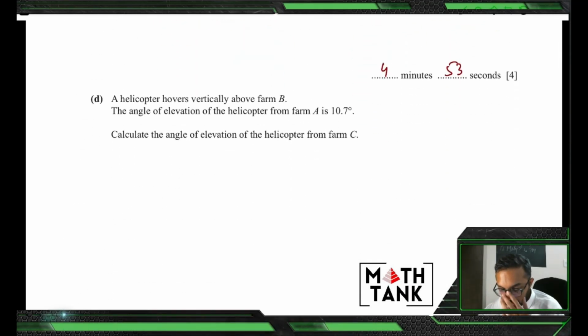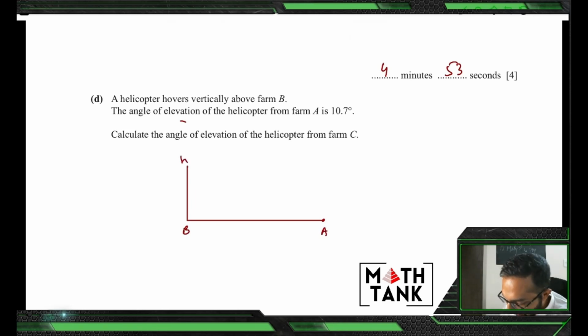Okay, then it says a helicopter hovers vertically above form B. Whenever you have a three-dimensional question, it's best to draw this. The angle of elevation of the helicopter from form A. Now you know that A and B are connected by a straight road, and that's a horizontal road. That's the helicopter up here. And it says that the angle of elevation between the helicopter and this is 10.7.